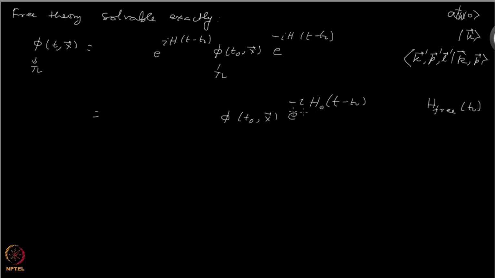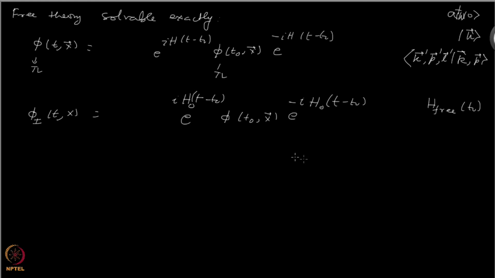So, this evolution of the field phi is according to what would happen in free theory. So, I am constructing this, and of course, this is not phi because phi evolves with H. So, I give it a name, I say phi I. Okay. So, that is the way I will define phi I.